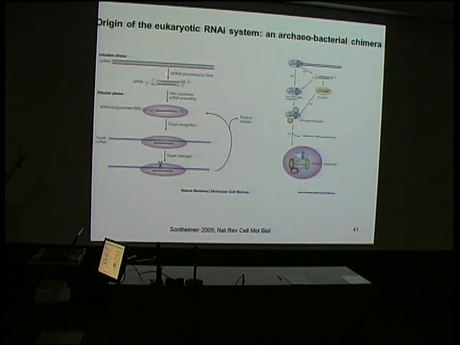Basically, the double-stranded RNA is processed by the nuclease DICER, which is then incorporated into the so-called RISC complex, and that complex uses the small RNA as a guide to destroy the target homologous mRNA.